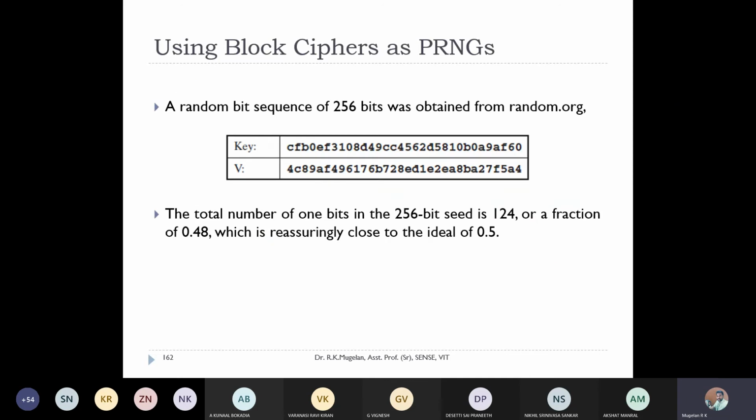So you can see the random bit sequence. There is a website called random.org where you can get the random numbers. This is the key going to be used. It can be used for both counter mode as well as the output feedback mode. And this is a seed value. And you can see the total number of 1 bits in this sequence is 124.